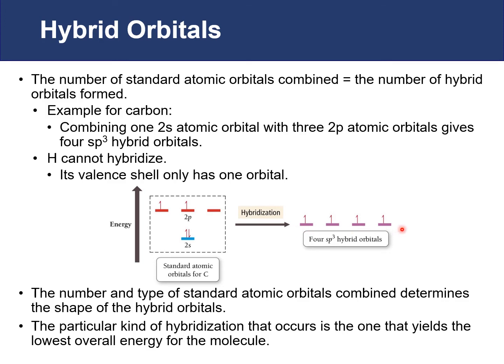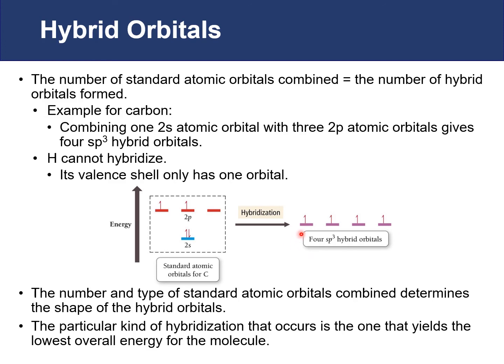They're all the same energy, and so we populate them first with all the electrons being spin up. So you half fill all of your orbitals before you start putting a second electron in any one of your orbitals. So because carbon had 4 electrons to start with, it has 4 electrons to finish with. And because we are hybridizing 4 orbitals, we get 4 orbitals back.